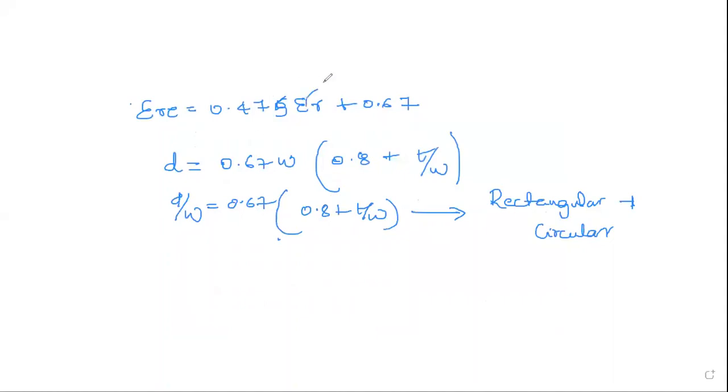Here, epsilon r is the relative dielectric constant, epsilon Re is the effective relative dielectric constant. Now to find the characteristic impedance equation in terms of thickness, you know the formula of Z0: 60 divided by square root of epsilon Re into ln 4h by d.